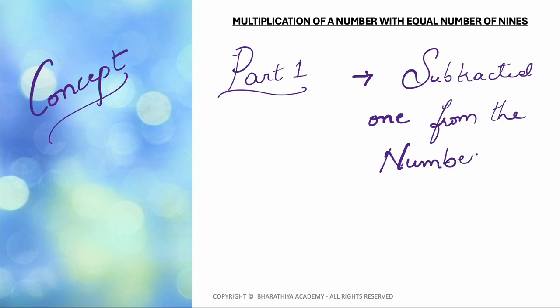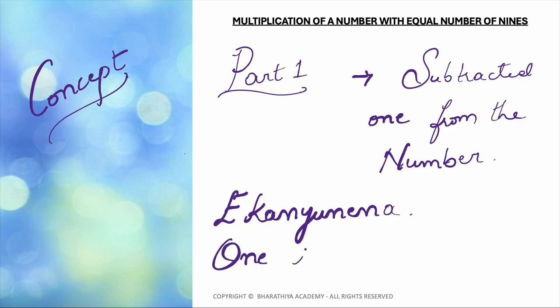So the concept in Vedic maths is ekanyunena. Ekanyunena just means one less than. You can simply say predecessor also, but as part of Vedic maths, we have something called sutras.